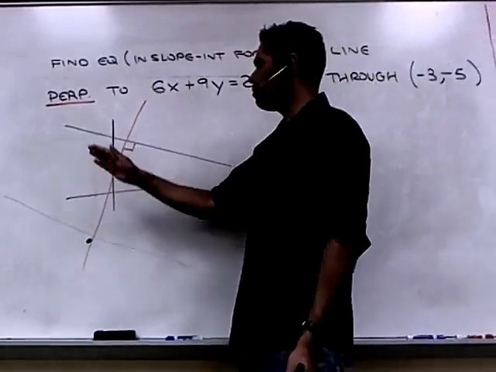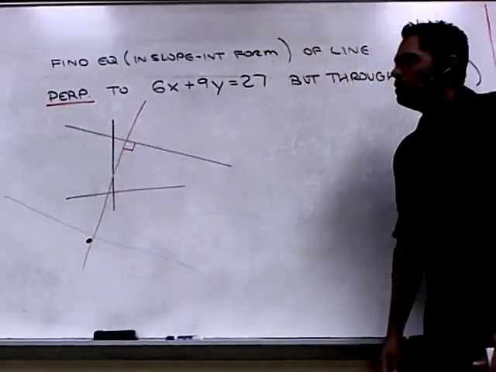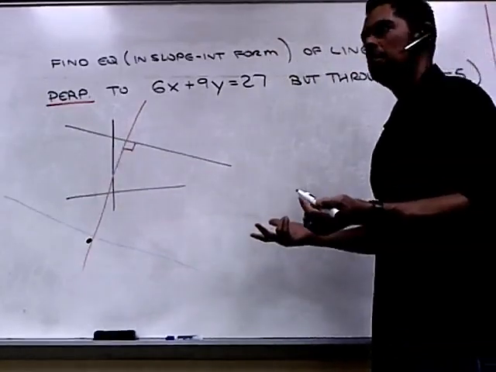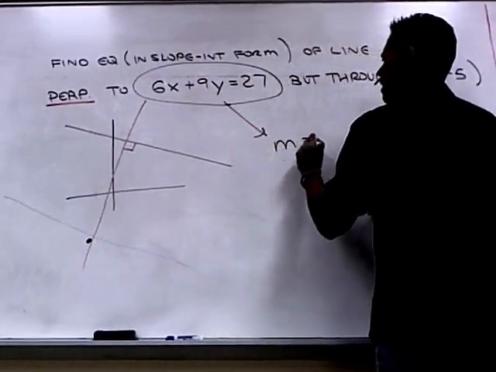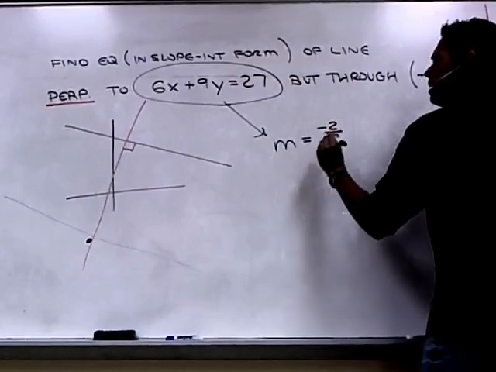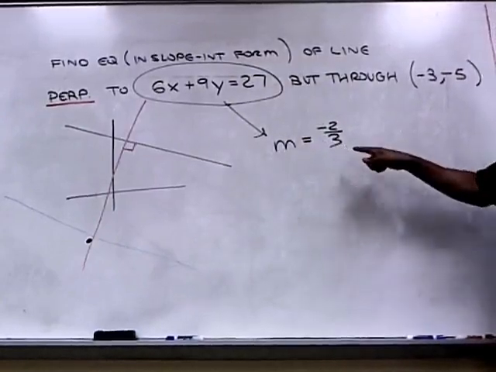But its slope is related to this slope. How is it related? It's the inverse, but you have to change the sign also. We call it the negative reciprocal. So we already went through all the work a minute ago, and we said that the slope of that line came out to be, what was it? Negative 2/3. That's the slope of this line. The slope that we want needs to be perpendicular to that.